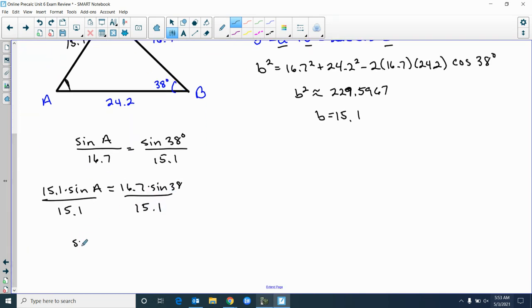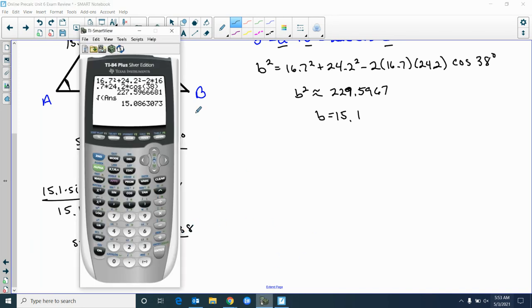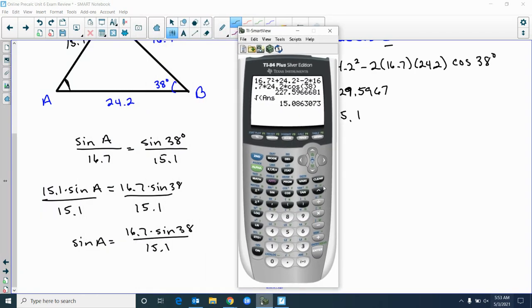Okay, so sine of A equals that whole mess. 16.7 times sine of 38 divided by 15.1.